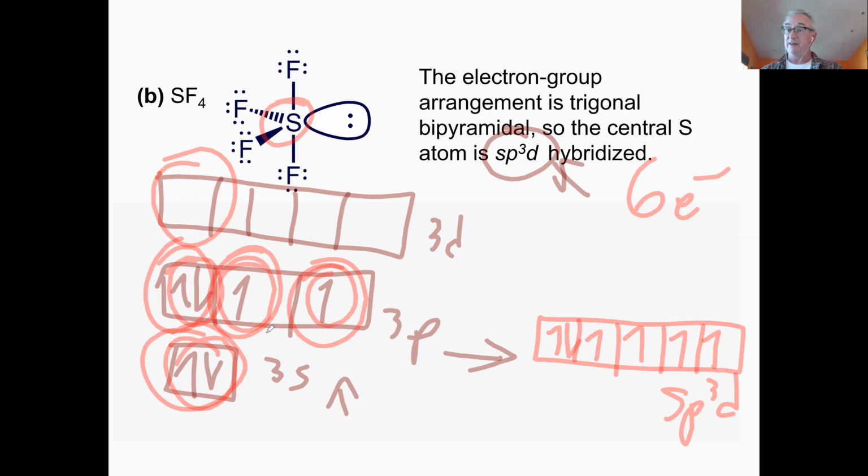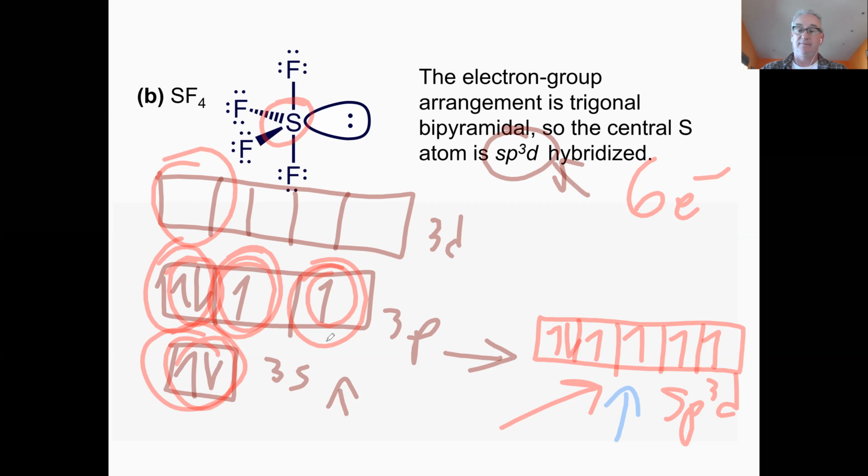So when we look at this, these are my bonding electrons. These are my valence electrons. How many bonds am I going to form out of this? And how many lone pairs am I going to have? These are all the bonding electrons I have. 4 bonds, 1 lone pair.